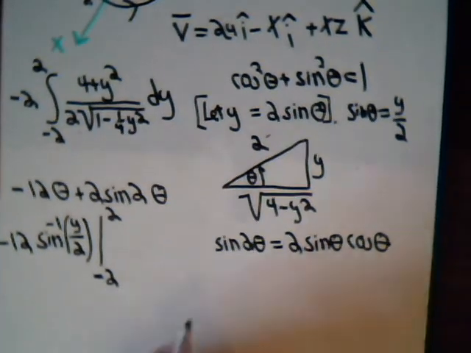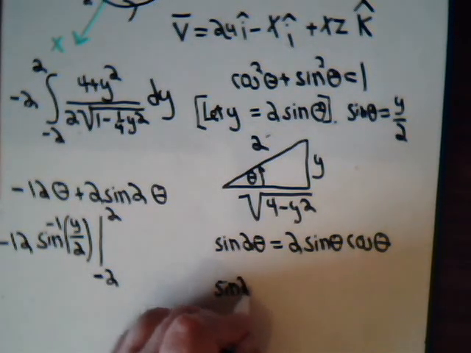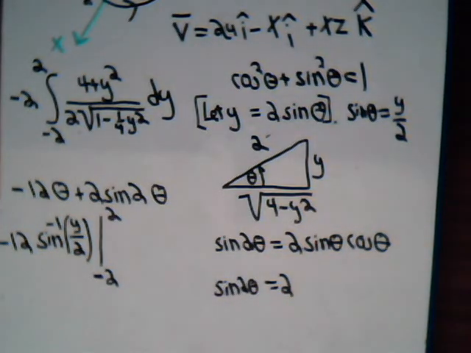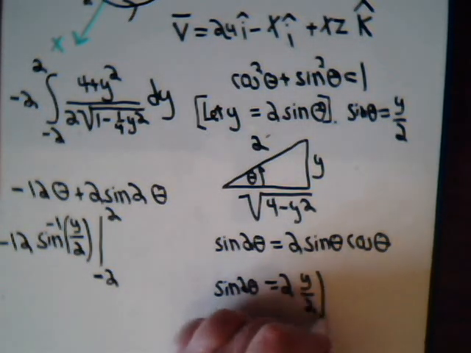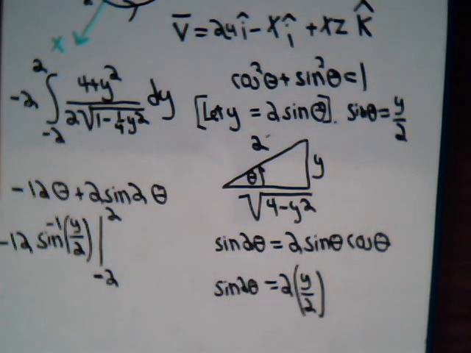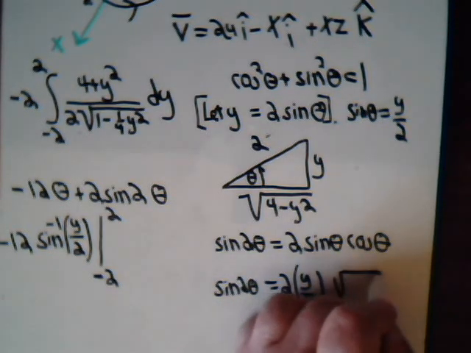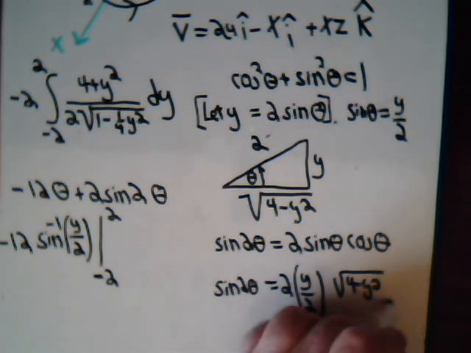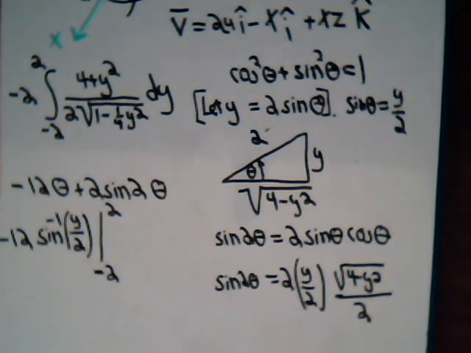So the sine of 2 theta will equal 2 times y over 2 times the cosine of theta. That's this, the side adjacent, divided by the hypotenuse. That's 2.